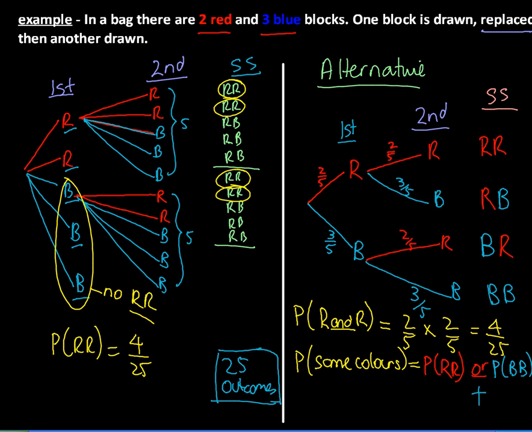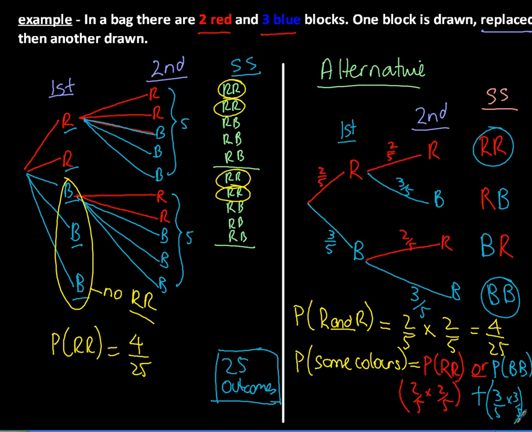So let's go and have a look what we want here. Red, red. So we would have 2/5 times 2/5 using our AND rule. And our blue, blue. This one here. So we've got these 2 outcomes that we want. Blue, blue is 3/5 times 3/5. Let's put that down there.